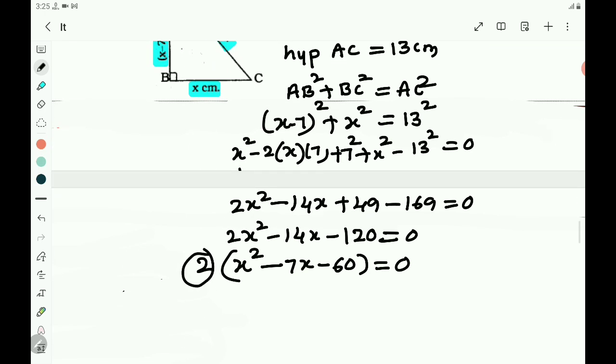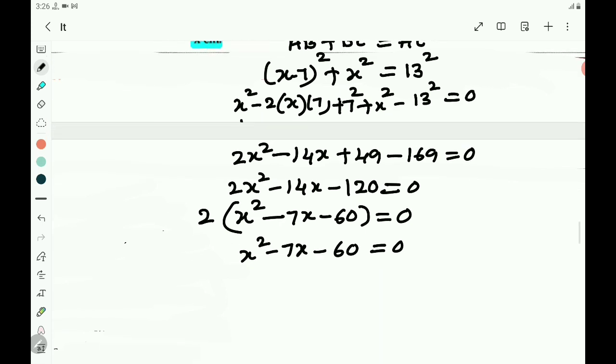Then you can leave this 2 and write only x square minus 7x minus 60 equals 0.